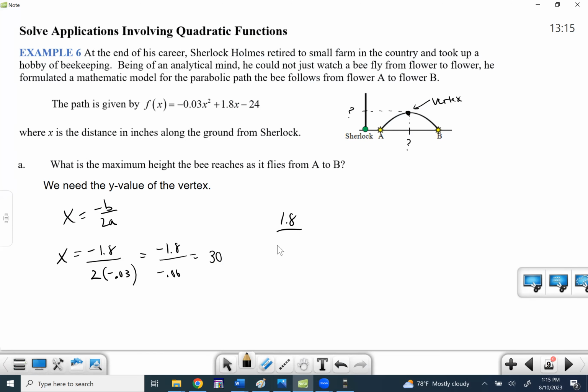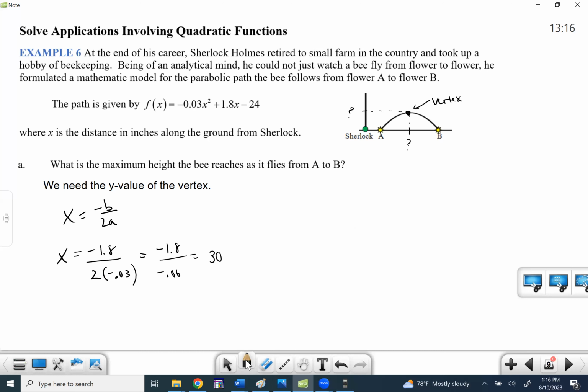I move the decimal 2 times to get rid of it for both of them. If I only moved it once and made it 18, then I move it once here to give me 0.6, I'd still have a decimal. So I have to move it twice to make it go away, and twice here would make 180. That's how I was thinking about getting 30 in my mind, just by moving it twice to get 6 and twice to get 180.